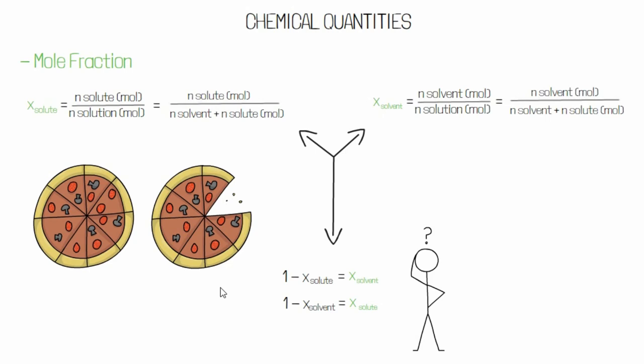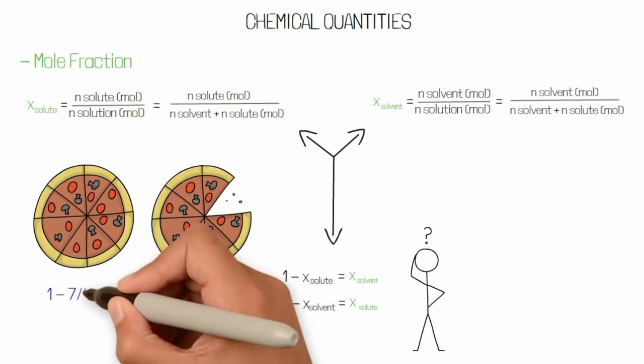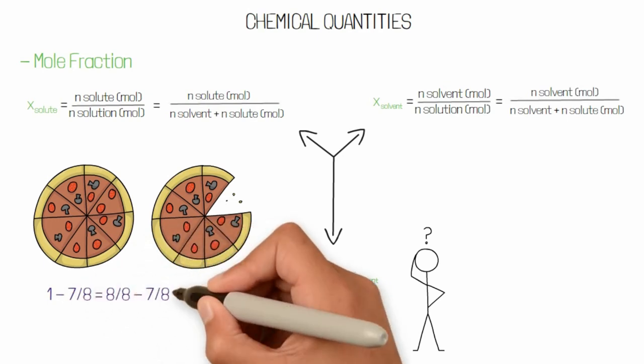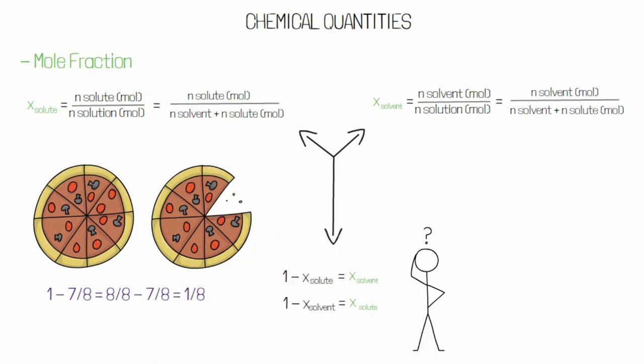But also 1, we can write 1 as 8 over 8, because 8 divided by 8 is equal to 1, so it's right to write it like that. And so 1 minus 7 over 8 equals 8 over 8 minus 7 over 8, which is 1 over 8. It's very simple: the amount which was taken was only 1 slice, okay?